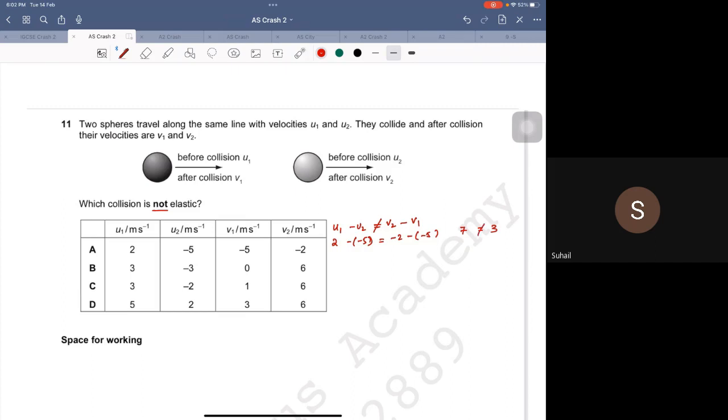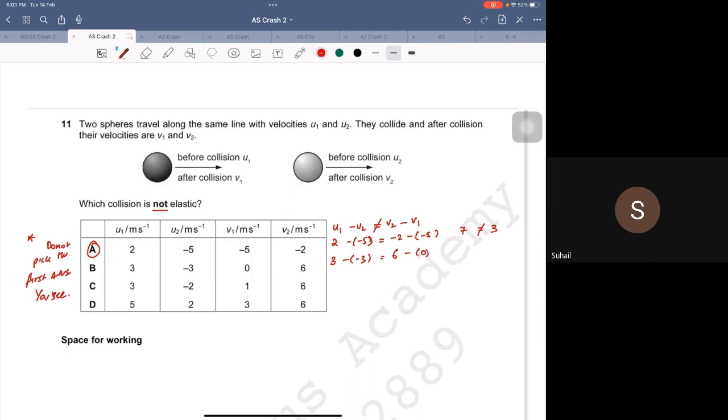Now, I would be a fool to just do this. Do not pick the first answer you see. That's a big thing that I'm going to tell you. Now, let's check the other ones as well. So this is going to be 3 minus 3, and that's going to be 6 and 6 minus 0.